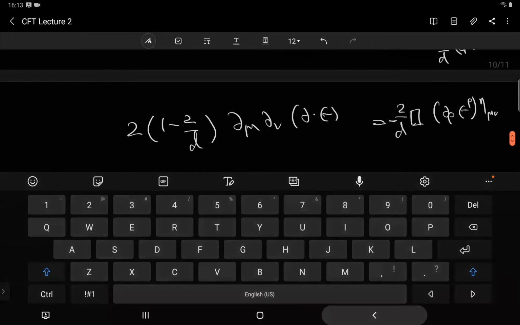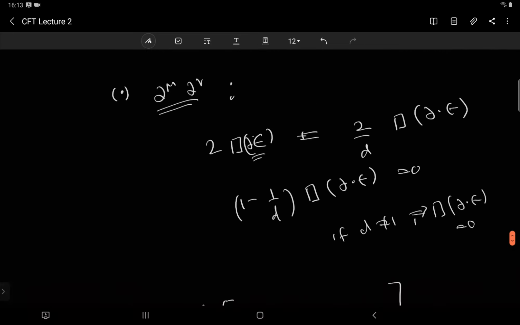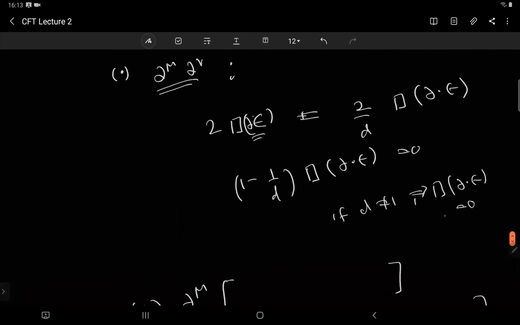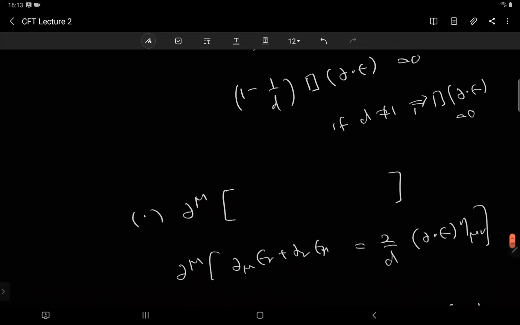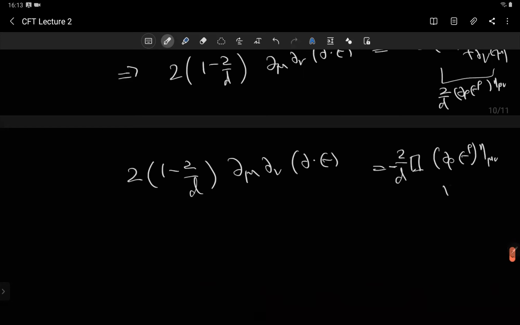But remember, we got the equation that box of del dot epsilon is 0 if d is not equal to 1. So we are in d greater than 2, and the right hand side is 0. So we come to the equation that 1 minus 2 by d times del mu del nu del dot epsilon is 0.